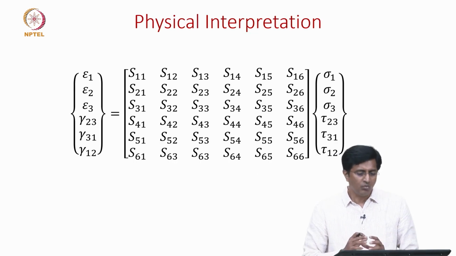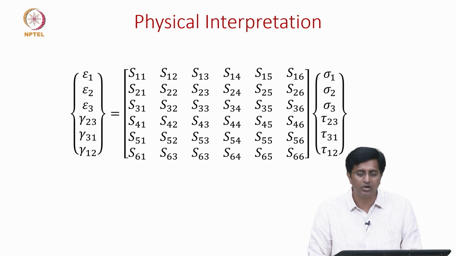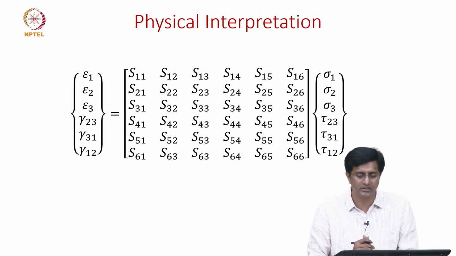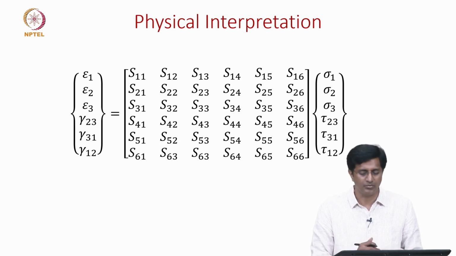Now, let us see what is the physical interpretation of these constants. For that it is best to look at the strain stress relations, where we write the strains in terms of the compliance matrix and the stress components.